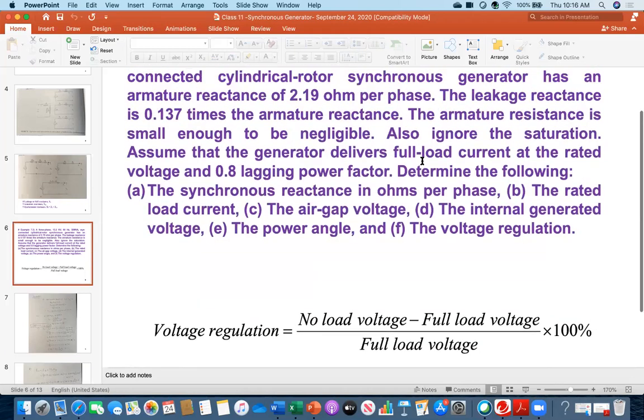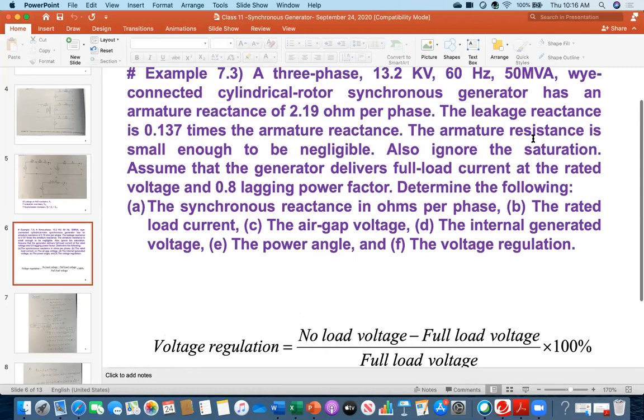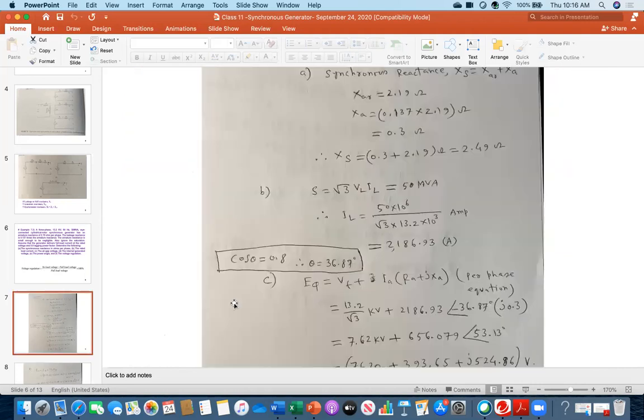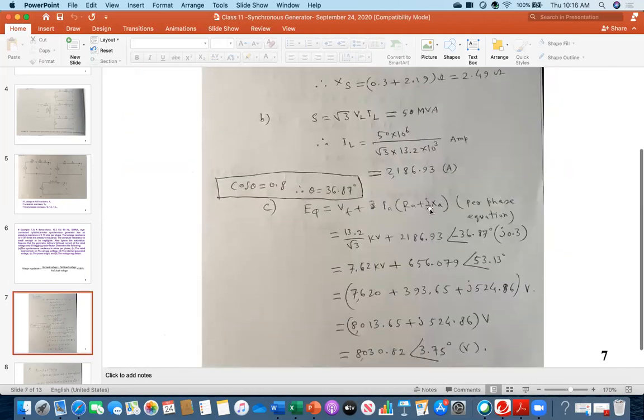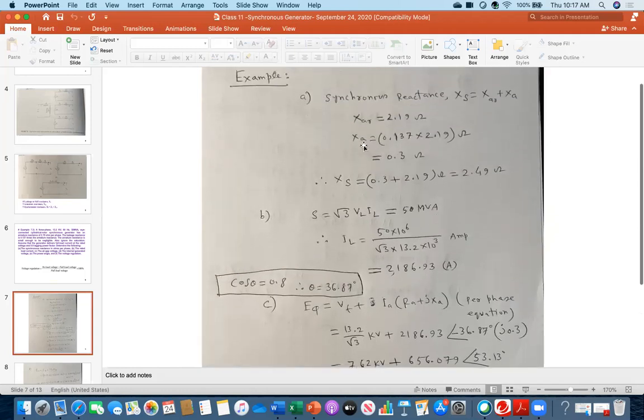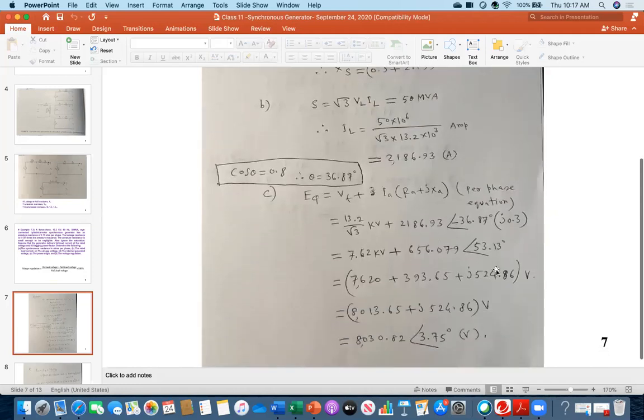The problem says the armature resistance is small enough to be negligible. This means that it is 0. So therefore, I only have to consider the jXA. So what is my XA value? My XA value is 0.3. So therefore, j0.3. I have written this one.